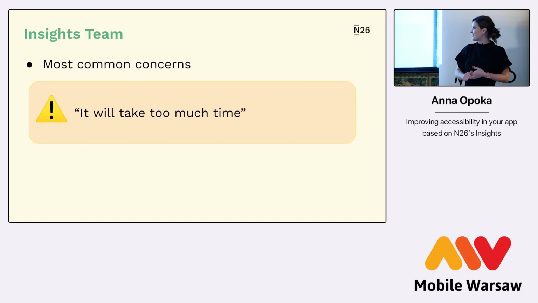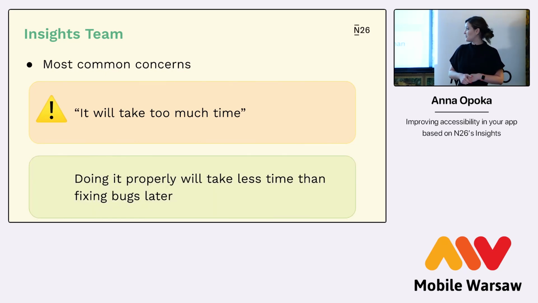I really believe that this argument only exists because we treat accessibility as an option and not as a requirement. Of course, development takes time. But very often, when we consider accessibility properly from the start, it really doesn't take a lot of time. I see it now in my team where we went through some things and some decisions are very obvious.